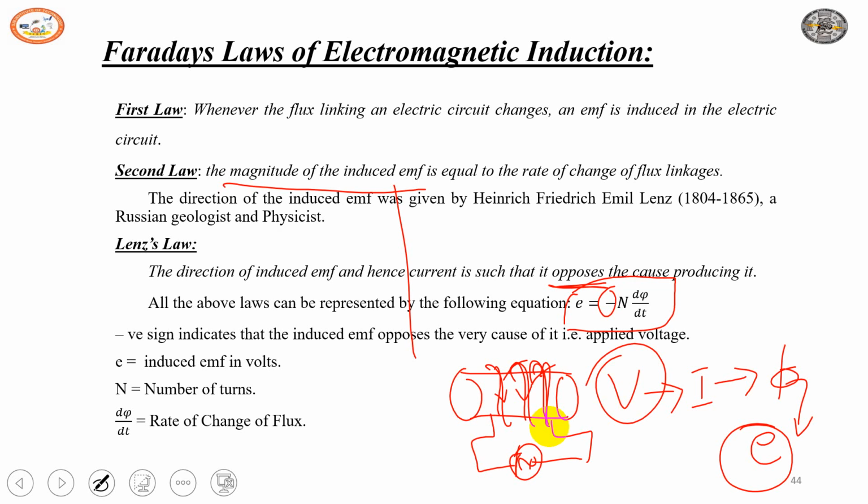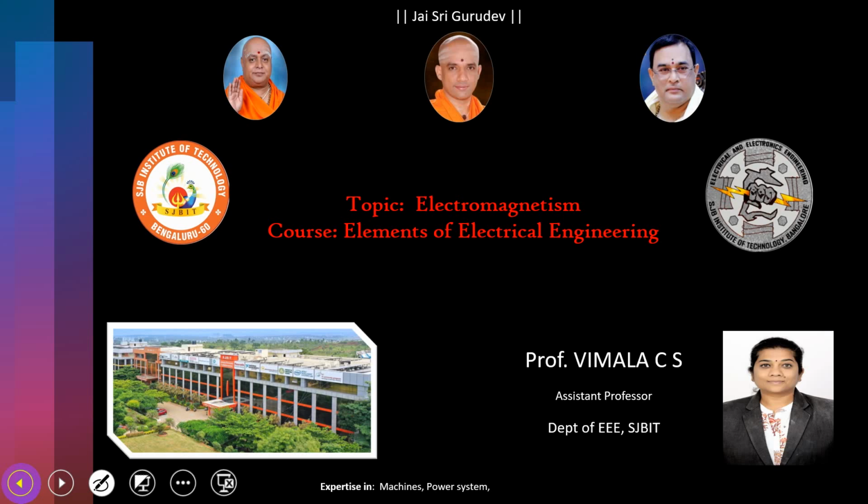The rate of change of flux linkage with respect to time is given as d phi by dt. With this, we now understand Faraday's first law, second law, and Lenz's law. Next, I can give a better example.